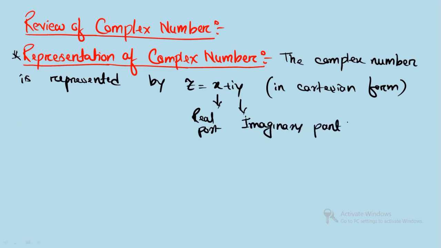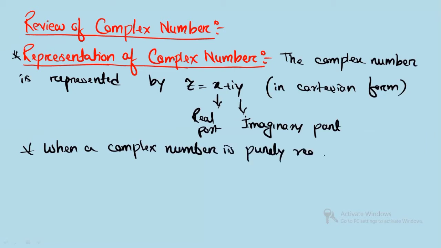You see a complex number can be purely imaginary, it can be purely real, or it can be a combination. So when a complex number is purely real, z will be equal to x, then the imaginary part y will be equal to 0.